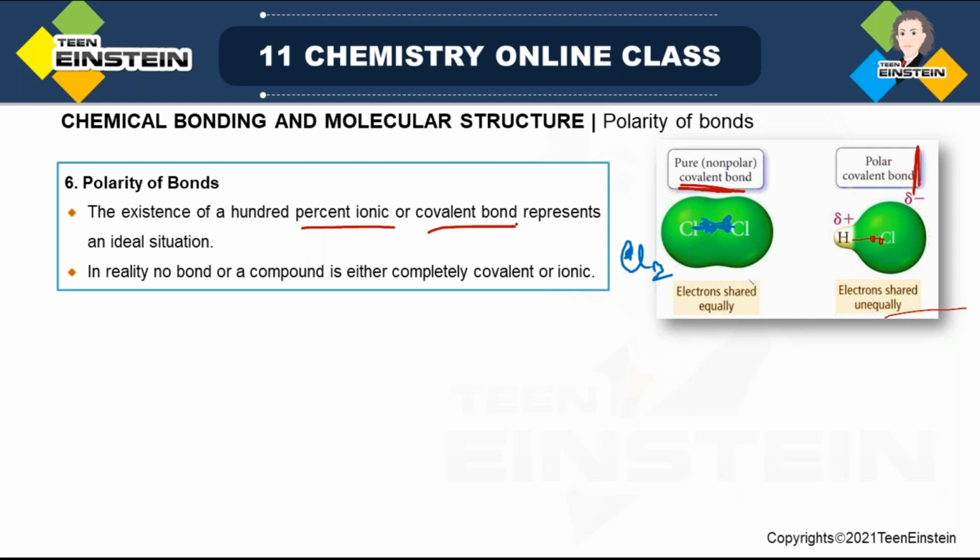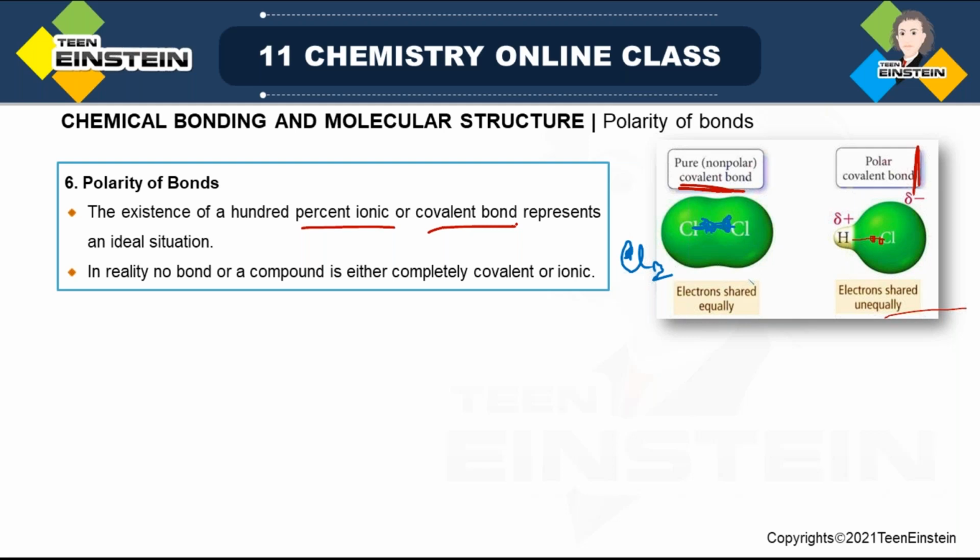In this case, we are trying to see in a covalent bond how polarity can be generated. Next, there is another topic where we will try to see in a pure ionic bond how covalent character is generated. That we will see later. But right now we are seeing in a covalent bond how polarity can be generated, and you can see that from these two examples.